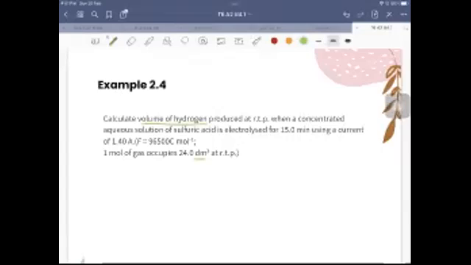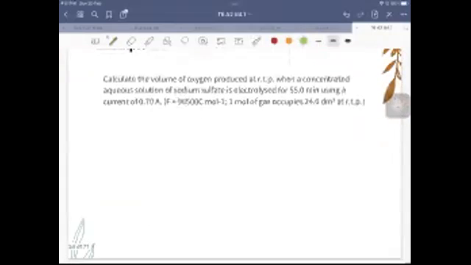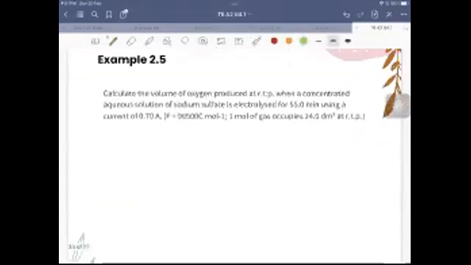So this one would be 0.157 dm cube. And lastly, example 2.5, where it is asking for the volume of oxygen. You should get 0.144 dm cube of oxygen. Okay.